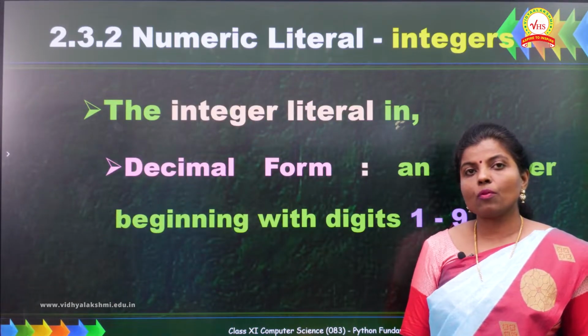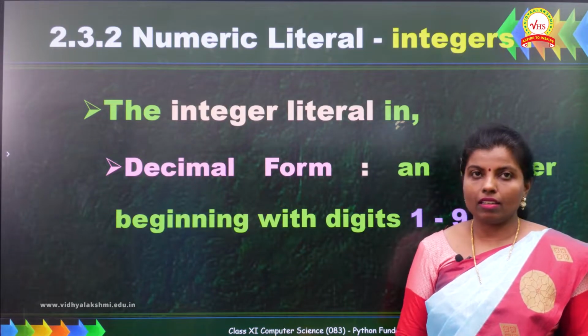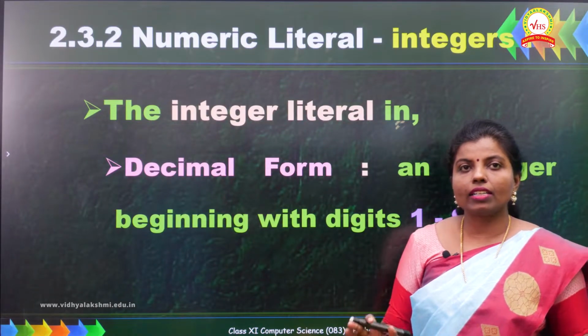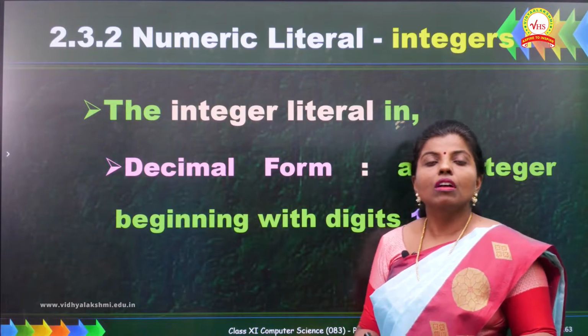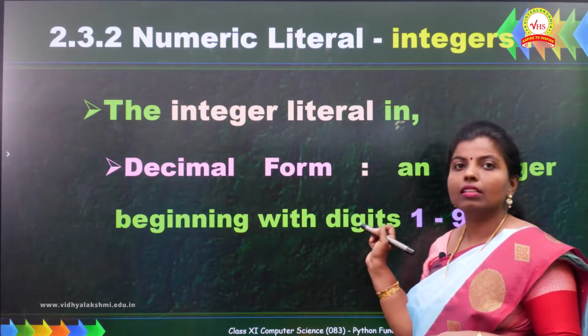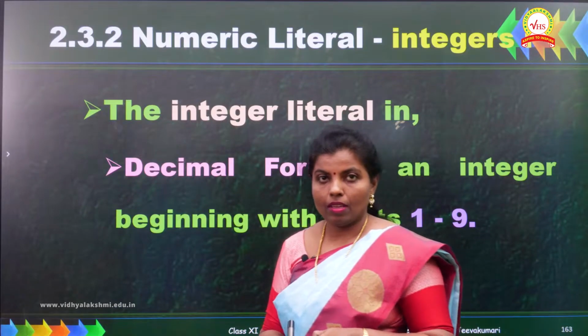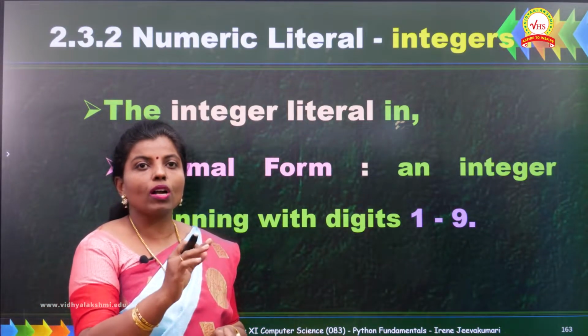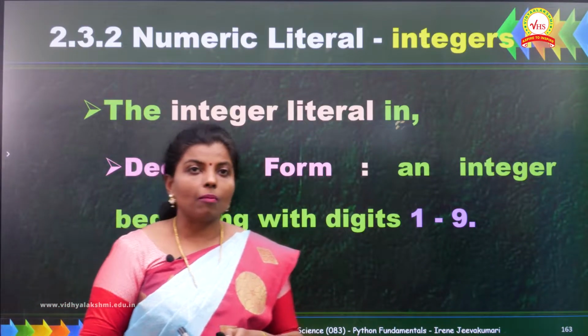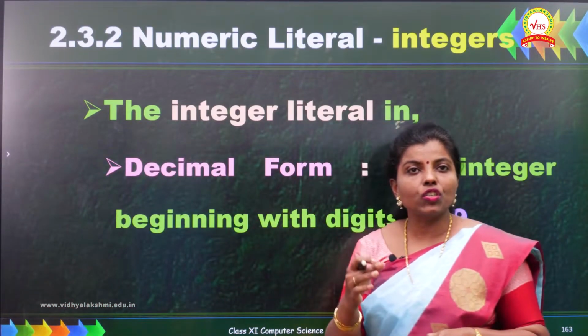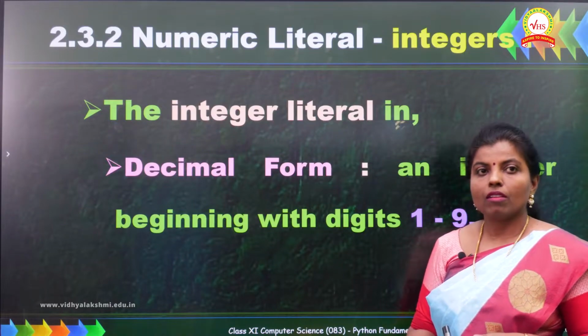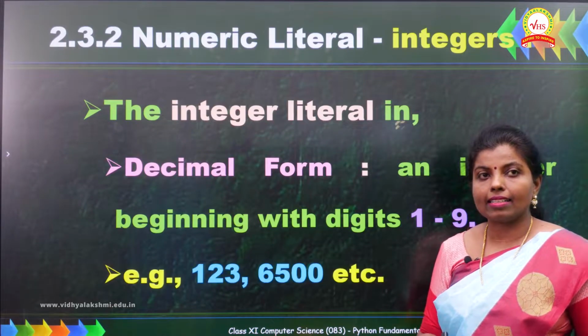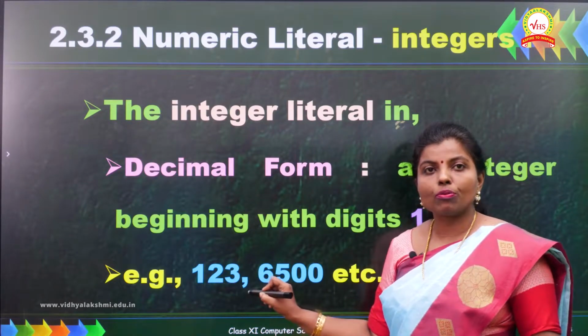Now let us see the integer literals in decimal form. The integer literal in decimal form consists of an integer beginning with the digits 1 to 9. If the integer begins with a number from 1 to 9, then that number is referred to as an integer literal in decimal form. For example, 123.